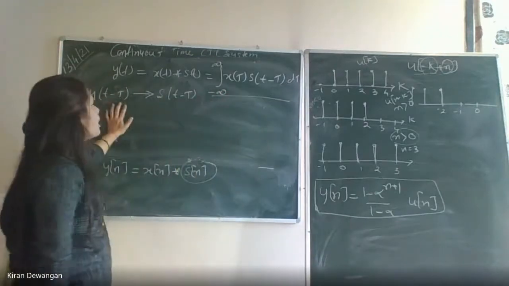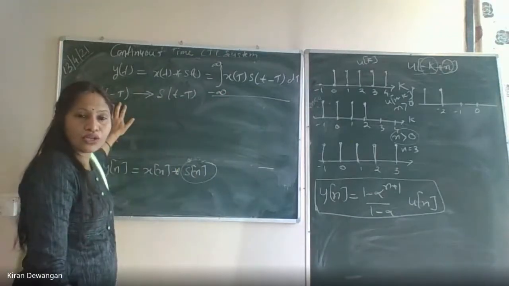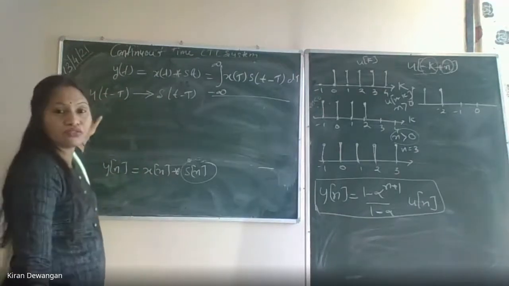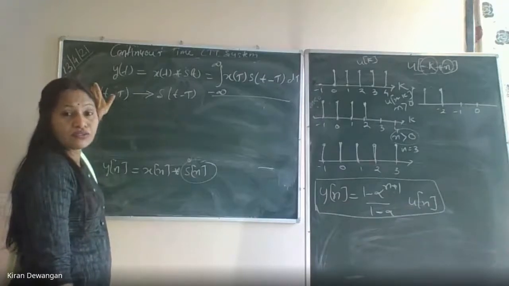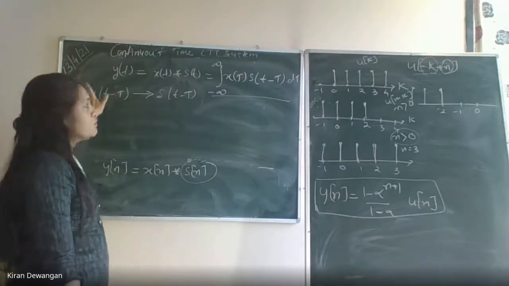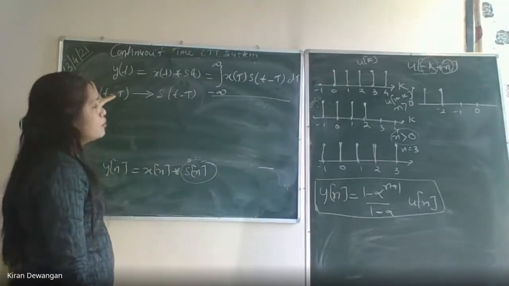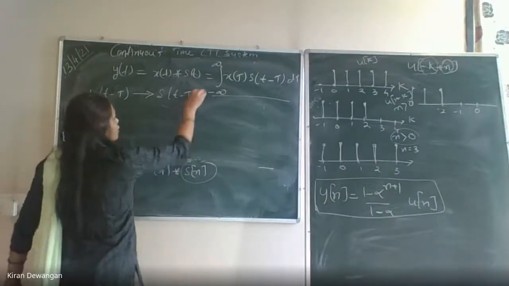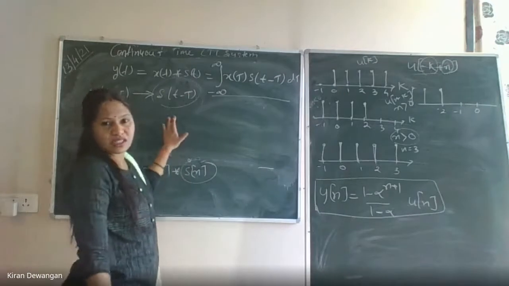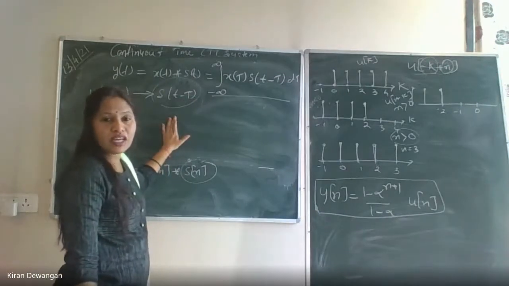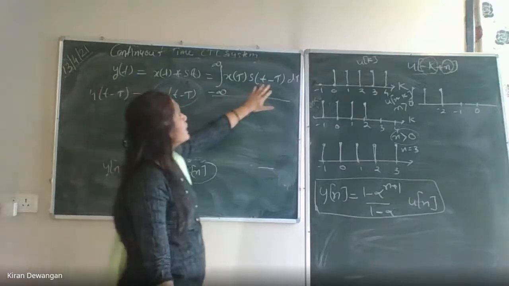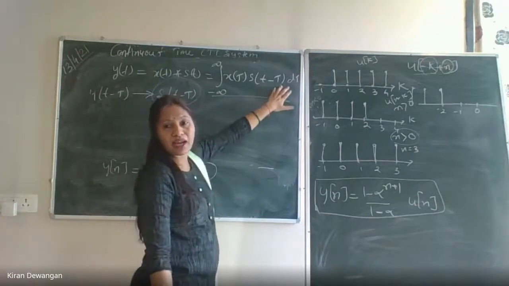Now u of t minus tau will exist for what duration? ये कौन सा duration के लिए exist करेगा? This will exist only for minus infinity to t. But for this I'll get a certain value of s and this is not fixed कि ये कौन से duration पे exist करेगा. वो किसी भी duration के लिए exist कर सकता है. But definitely it will have the value as t minus tau.